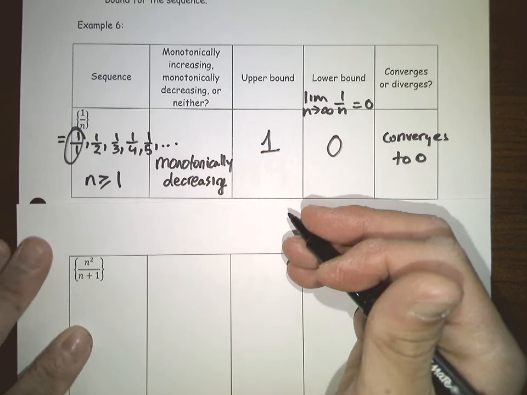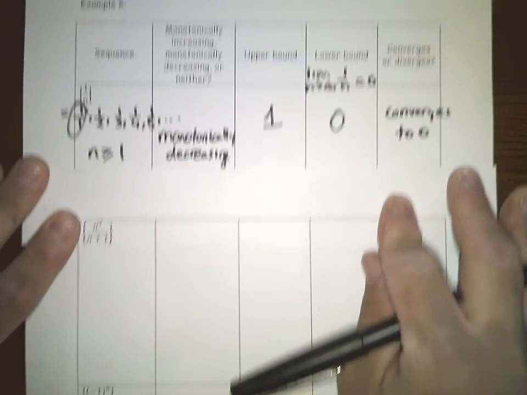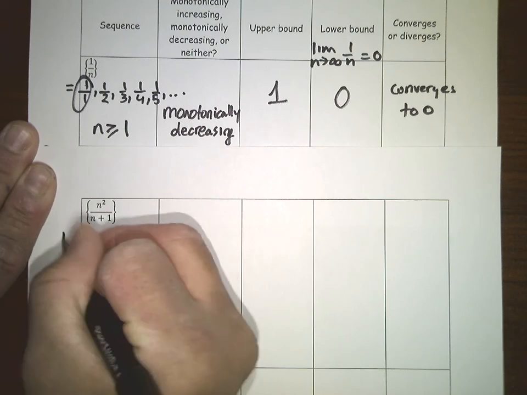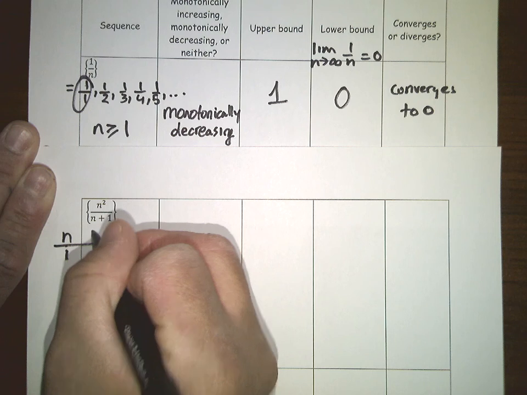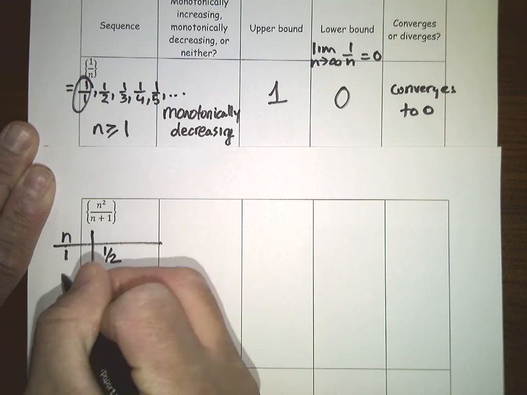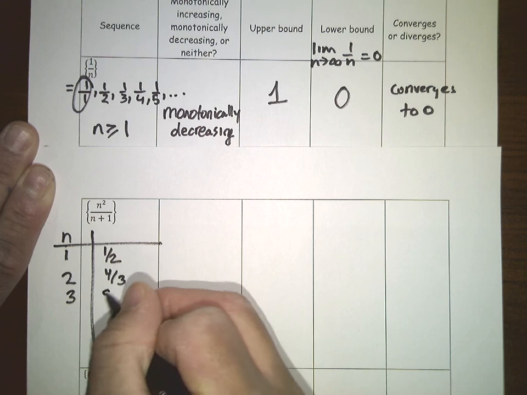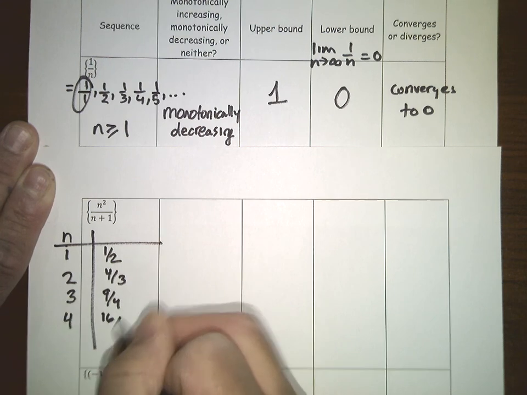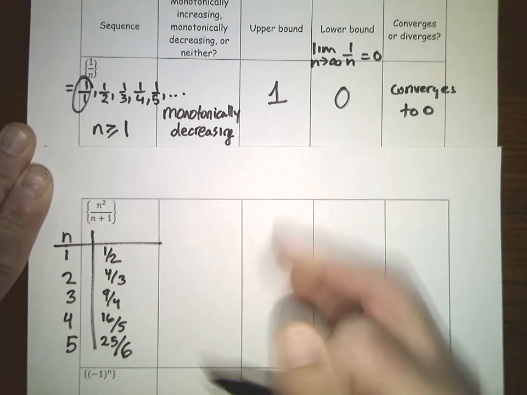So if I look at n squared over n plus 1, then I'll write out the terms. If n is, say, 1, I get a half. N is 2, I get 4/3. N is 3, 9/4. N is 4, 16/5, and n is 5, 25/6.